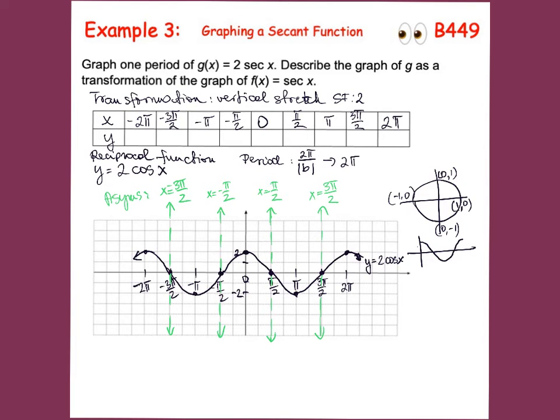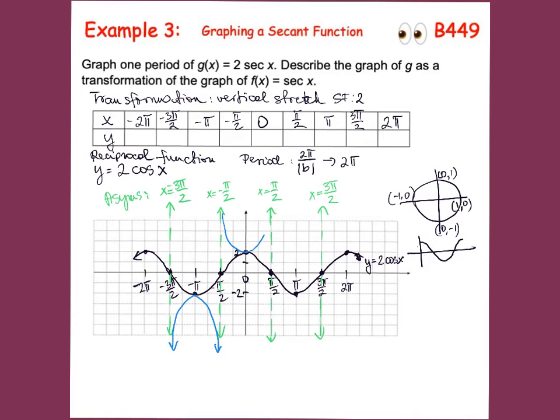Once we have the asymptotes, it's easy to graph the secant function because all we need to do is graph those cups. So I'm going to start over here, and I'm going to make kind of a parabola shape. It's not exactly a parabola. Make sure you don't get past your asymptotes.